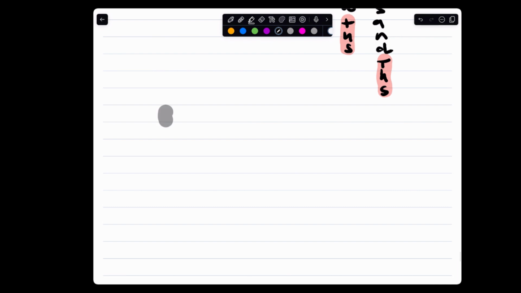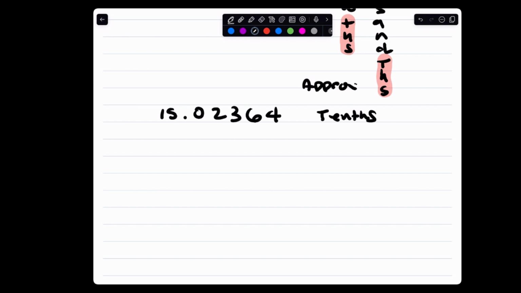I'm going to write down a number, 15.0234, and then I'm going to write down next to it the place value we will approximate. Does anybody happen to know what it even means to give an approximate answer?